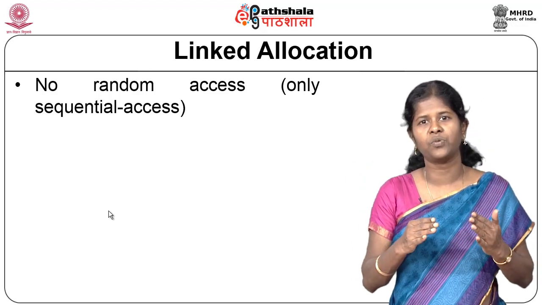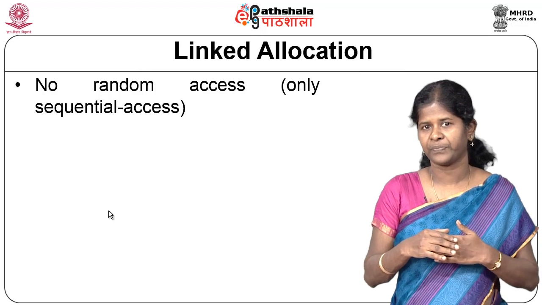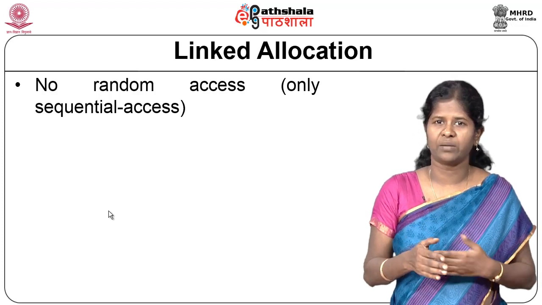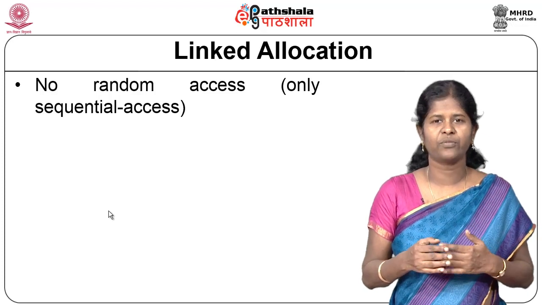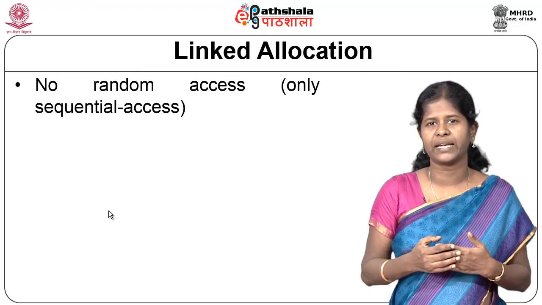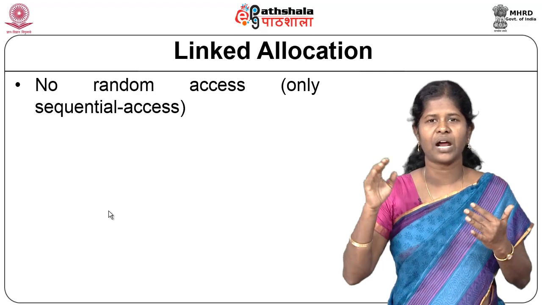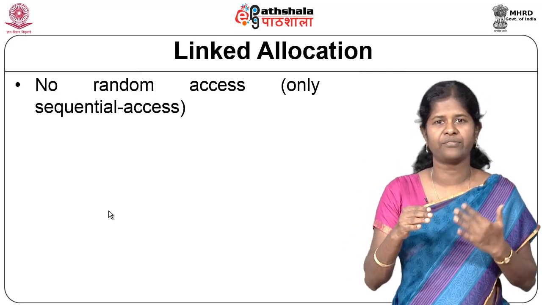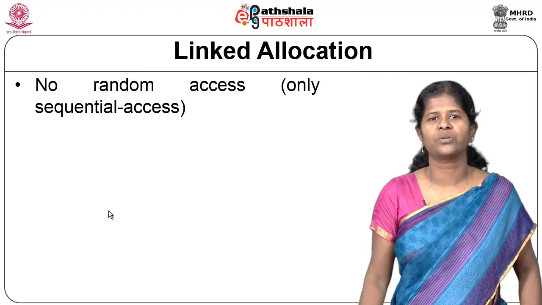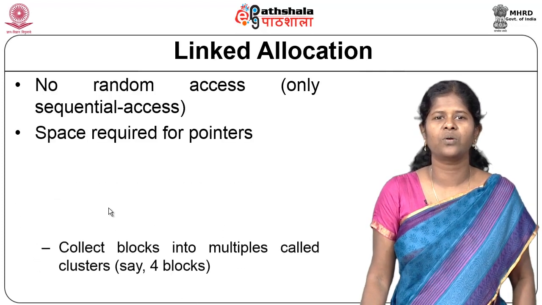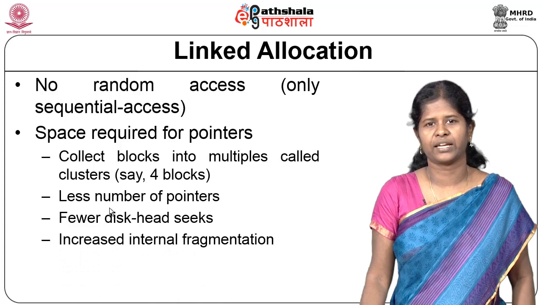You can access the disk blocks only one after the other, but there is no random access. If you want to access the fifth disk block directly, it is not possible. You would have to start from the first disk block, move to the second, then to the third, and then to the fourth, and only then you can reach the fifth disk block. So, random access is not possible in linked allocation.